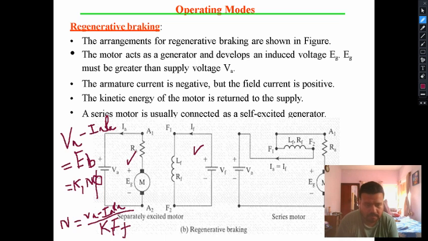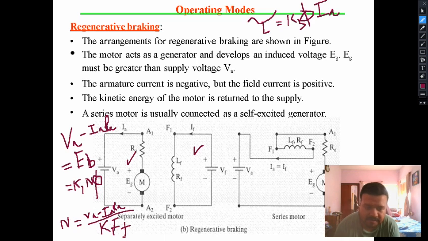So now what happens? During braking, the torque tau is equal to, let us say this is K3 phi Ia.